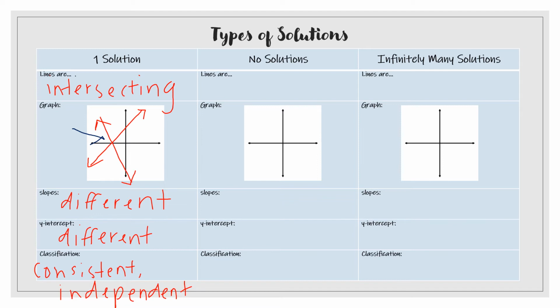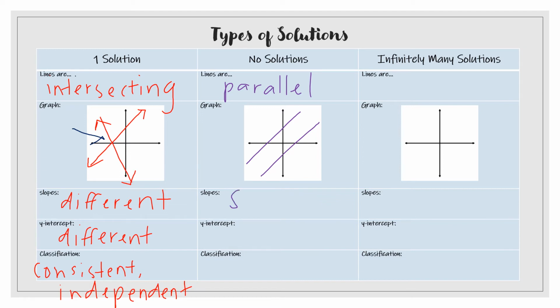So how would a graph have no solution? Well, the lines would never cross each other. So they would be what we call parallel lines and look like this. So these lines are parallel. If we think about the equation and what the slope and the y-intercept would look like, if lines are parallel, then they're going up at the same rate of change.